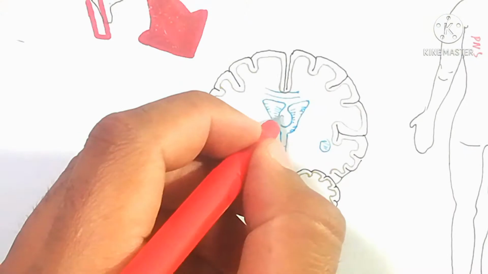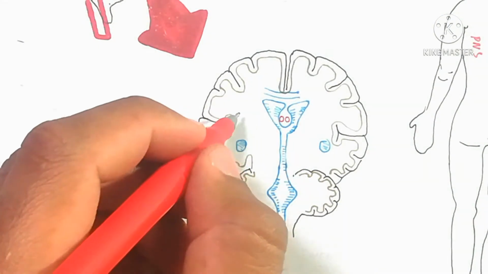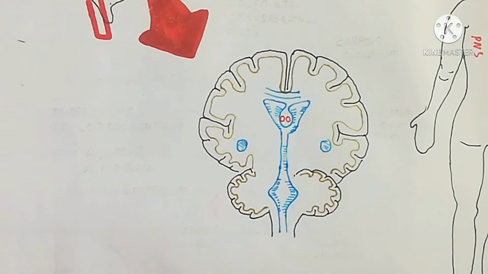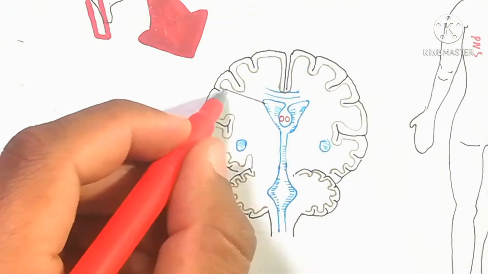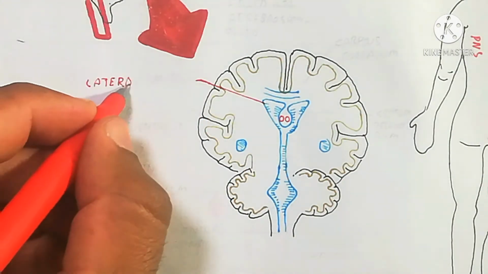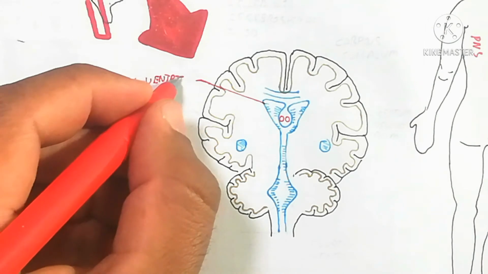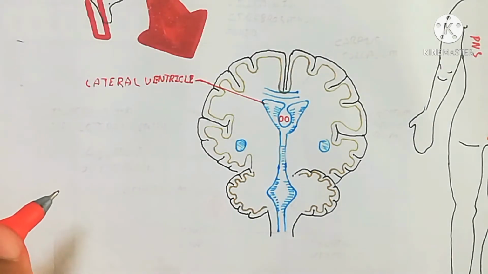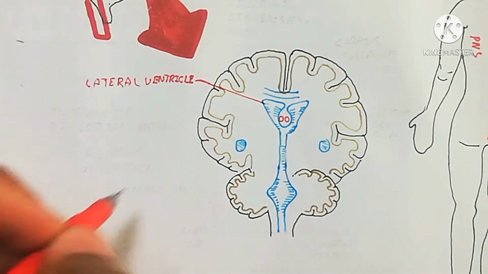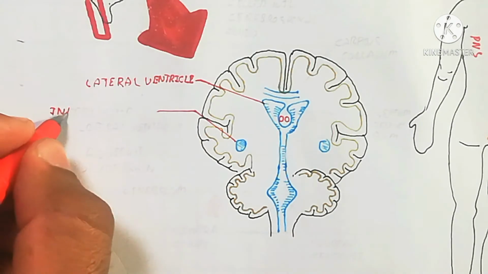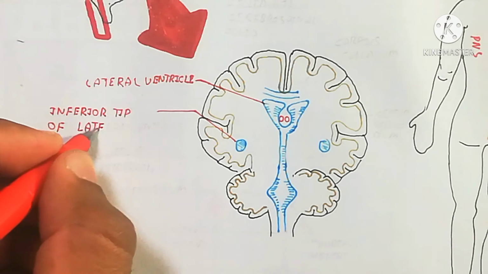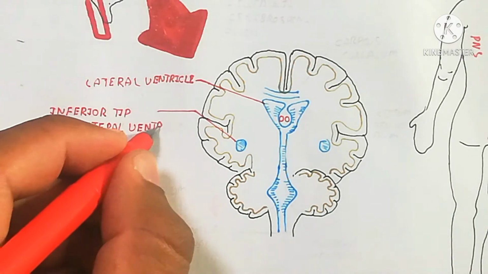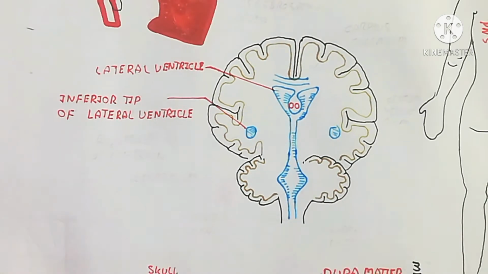So here is the cross section of the brain, and it looks like this. The upper side, the border of the brain, contains gray matter, while the inside is known as the white matter. Here is the cross section which shows the lateral ventricle, so remember that. The previous structure was not a complete cross section.